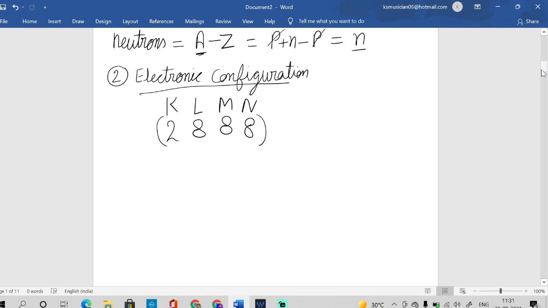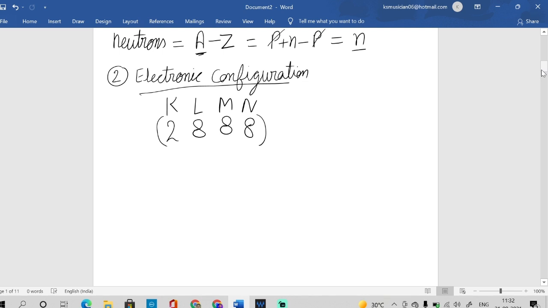For elements after atomic number 20, we have the other s, p, d, f formula, so I will tell you in the next video possibly. Initially we are talking about very basic concepts, for 7th, 8th, 9th, 10th class. So it is the method by which you can fill the electrons.